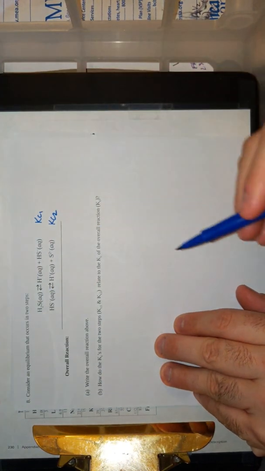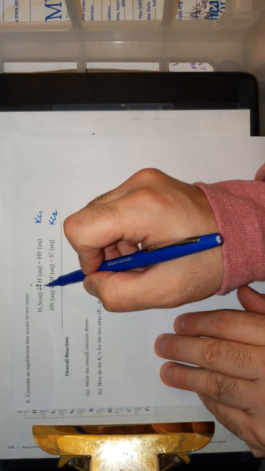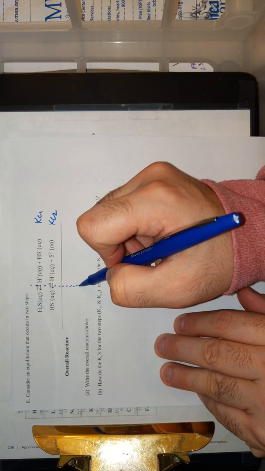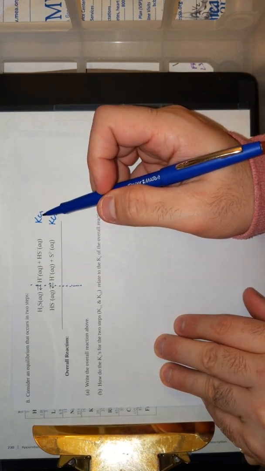Remember, to write the overall reaction, we add up all of the left side and all of the right side together, and then cross out anything that's in duplicate.